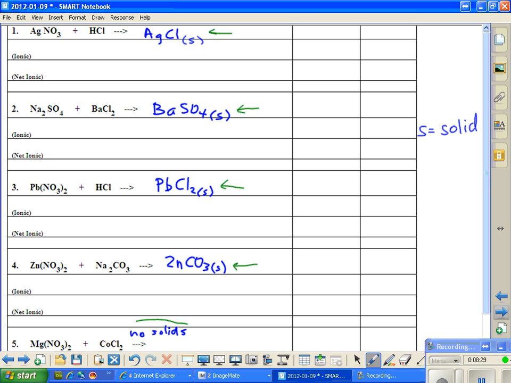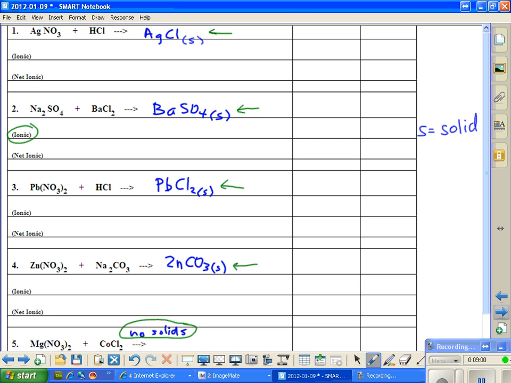But there are no solids going to be formed in the last equation. So you know that your solids are going to be written on the right side, not as ions, but as molecules. And any ions that aren't part of the solid will not be written in the net ionic equation, but they will be written in the complete ionic equation, this guy right here.